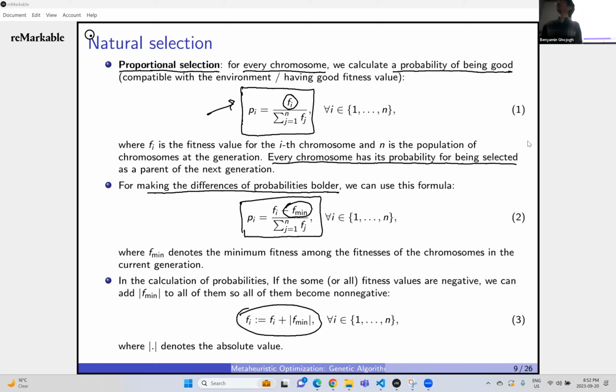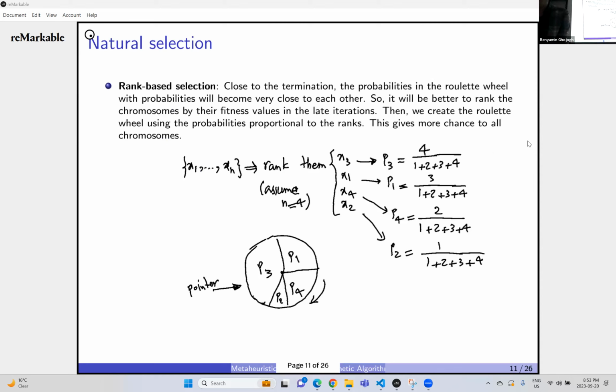Its probability becomes 0, so you are completely removing it. You are completely removing the worst chromosome in this generation. But equation 1 gives it some chance. You understand? Okay.